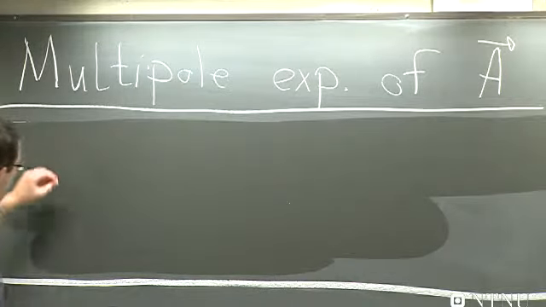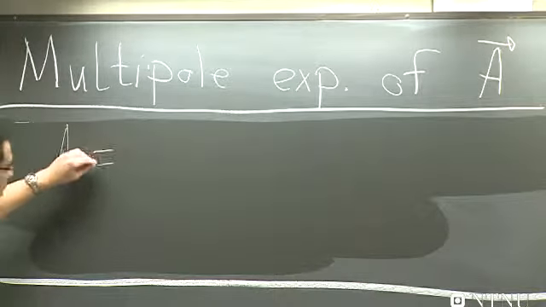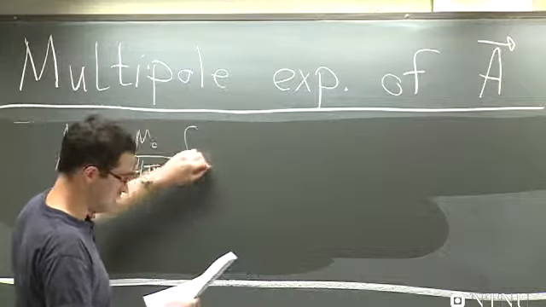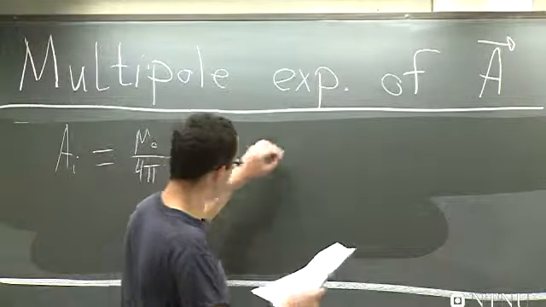So let's start off by writing down the expression for each component. The ith component of A couples to the ith component of J, naturally.